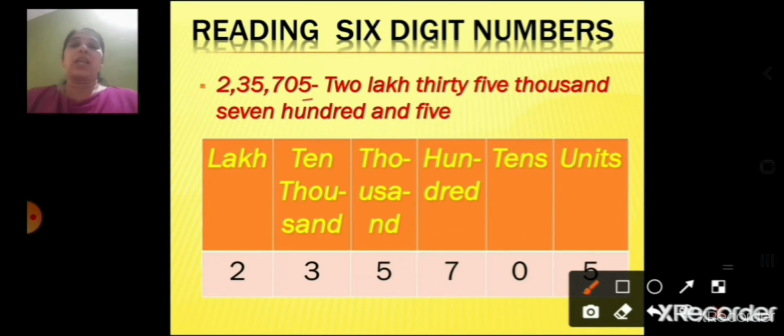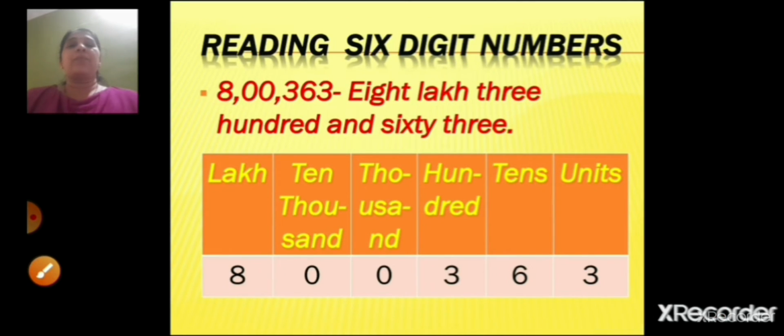Now we have arranged these numbers, so we can read it as 2,35,705. So these are all examples. You need not write it in your notebook. This is only for your understanding.